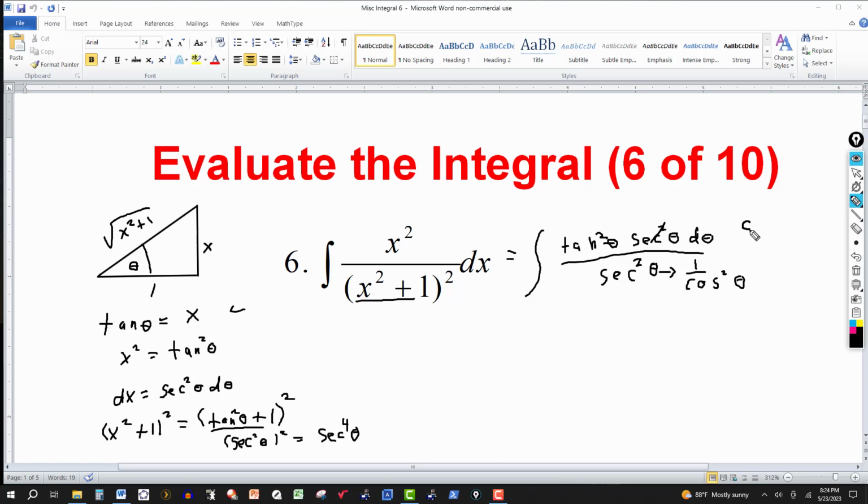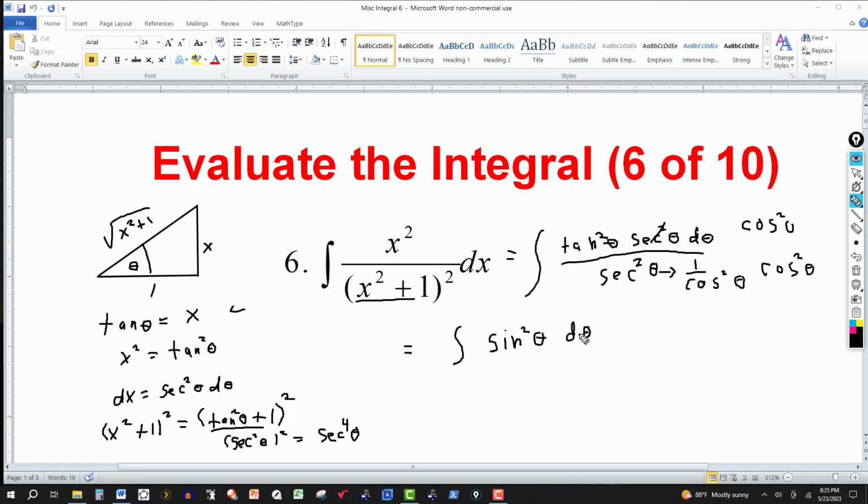So multiplying numerator and denominator by cosine squared theta, for the tangent squared theta, the cosine squared cancels. That leaves me just with sine squared. In the denominator, the cosine squared canceled to 1. So all I have left then is the integral of sine squared d theta.